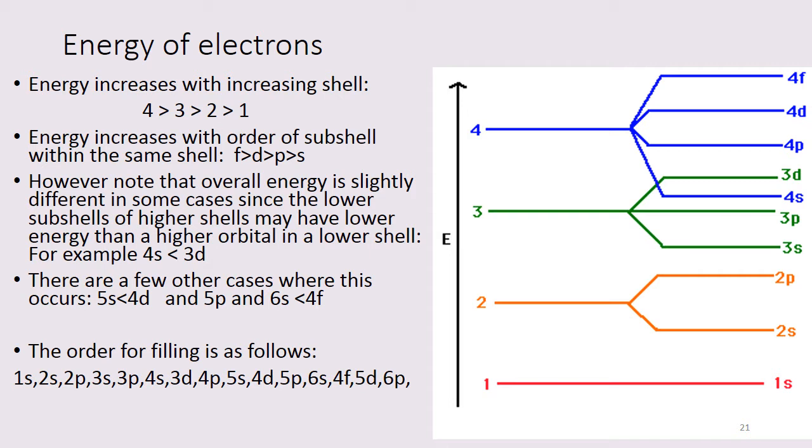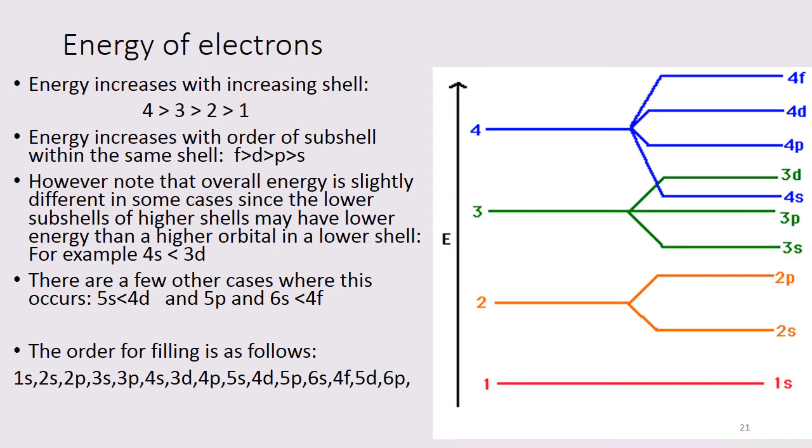Here you can see on the bottom left, I've listed the order: 1s, 2s, 2p, 3s, 3p, 4s, then the 3d, 4p, 5s, then the 4d, then the 5p. You start to see that it gets complicated. One thing you can do is just memorize this, or write it down on your index card. Or in a few minutes you'll see a way to remember it.